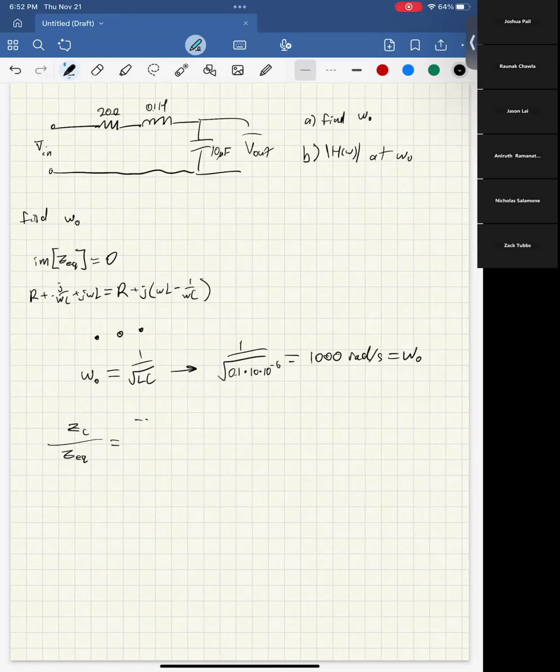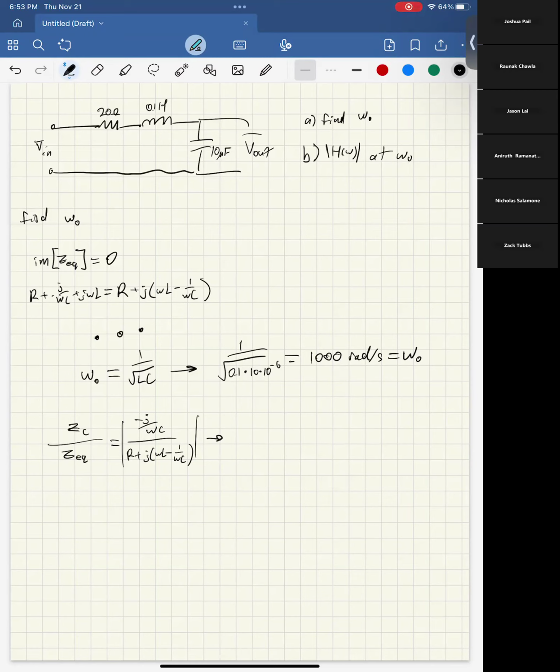So that would be negative J over omega C over R plus J omega L minus 1 over omega C. And then if we want to find the magnitude of that, it becomes the magnitude of the numerator divided by the magnitude of the denominator.